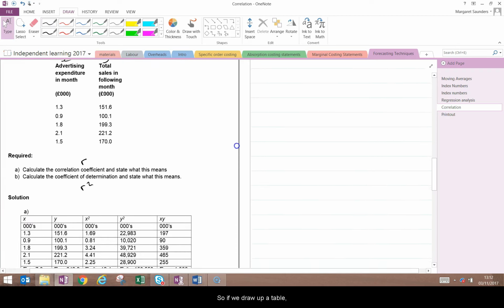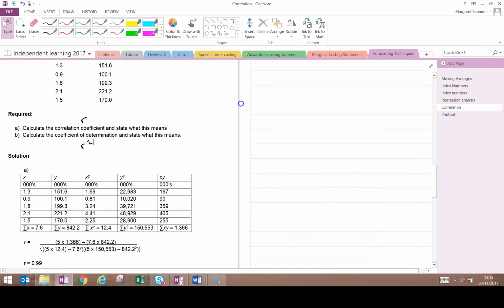So if we draw up a table, we have our values of x, which is the advertising. We have the values of y, which is the sales. We need to know the value of x squared, because x squared appears in the correlation calculation.